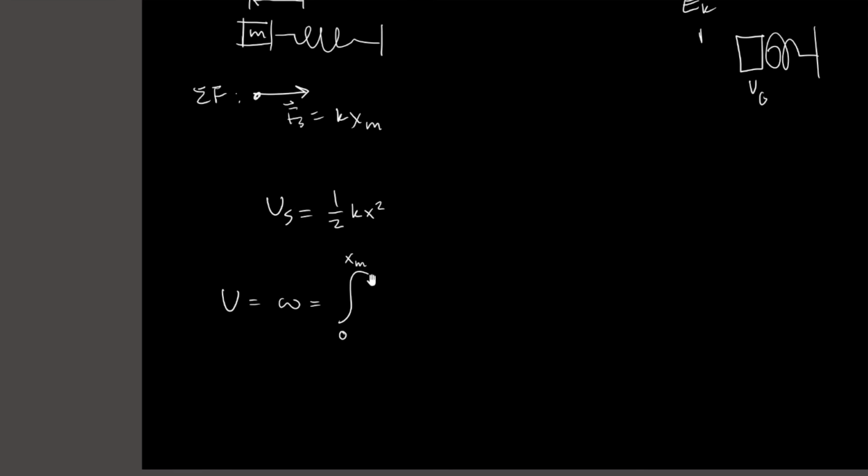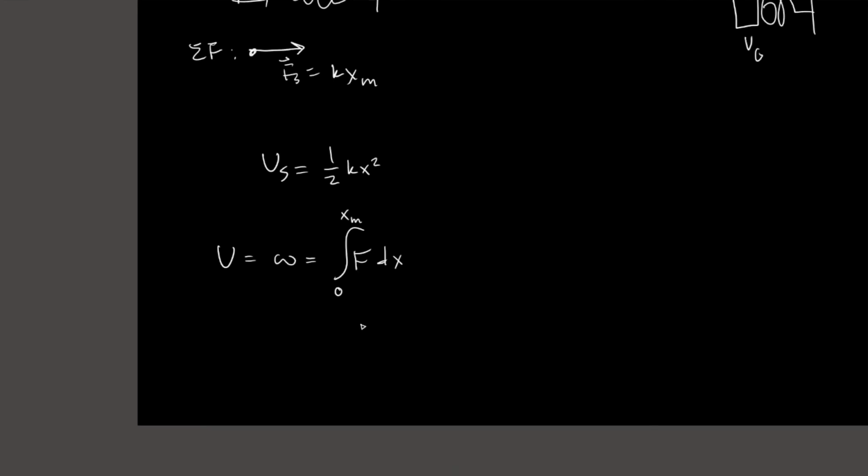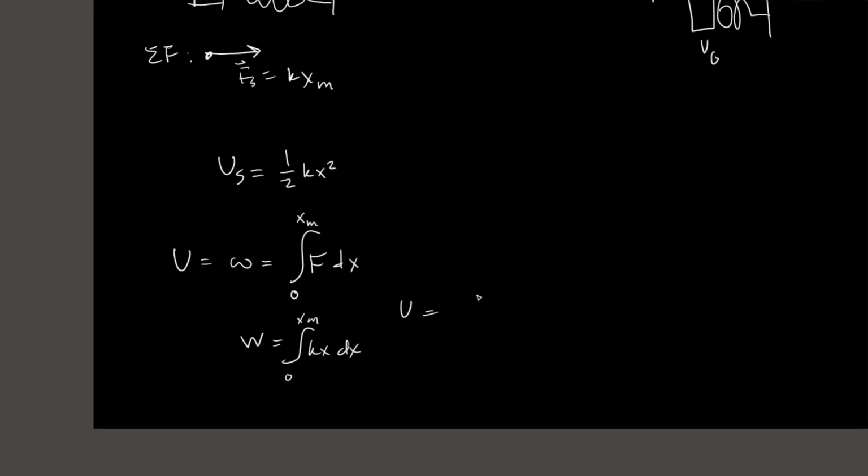And that work is equal to the integral of our force over that displacement. And since force is kx, that gives us potential energy is equal to 1/2 kx squared from 0 to x_m.